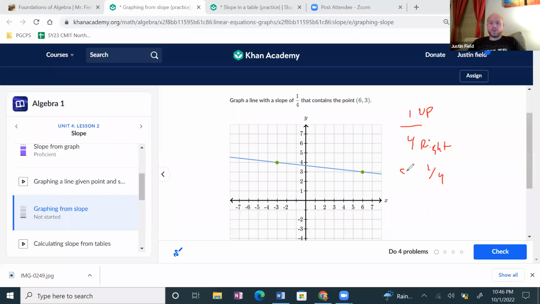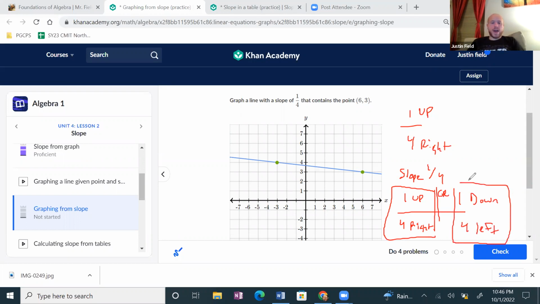So if the slope is 1/4, then you can do one of two things. You can go 1 up and 4 to the right, or you can go 1 down and 4 to the left. That's another option you have to get that second point.